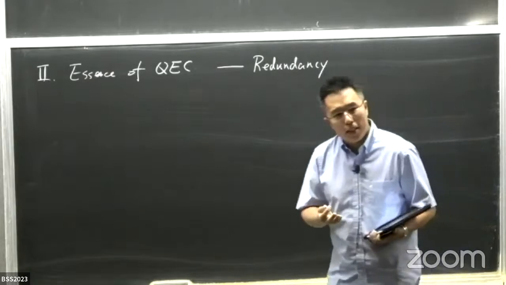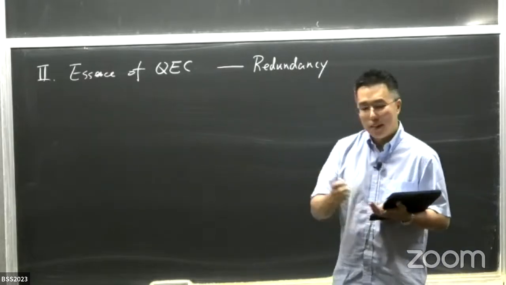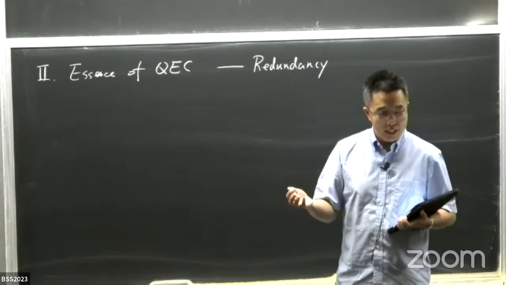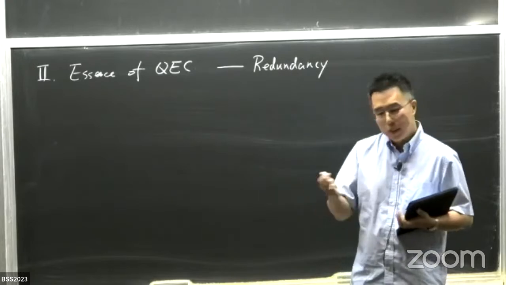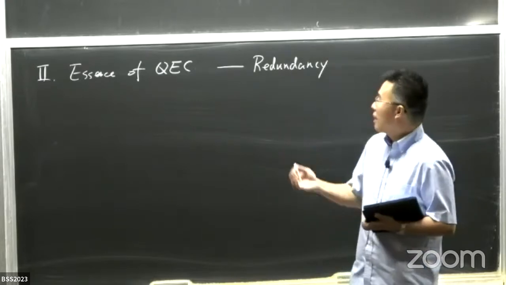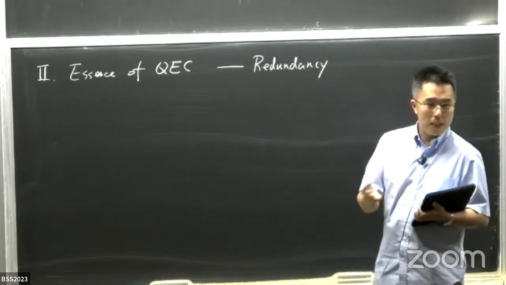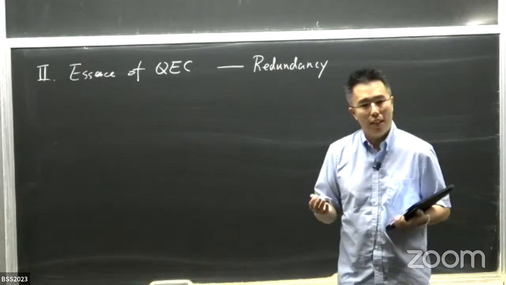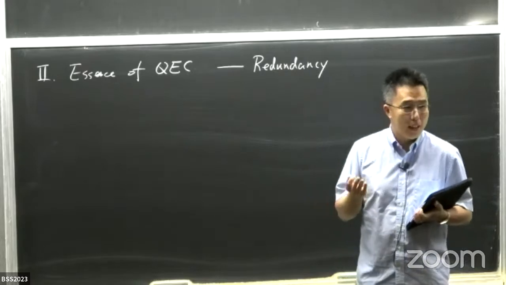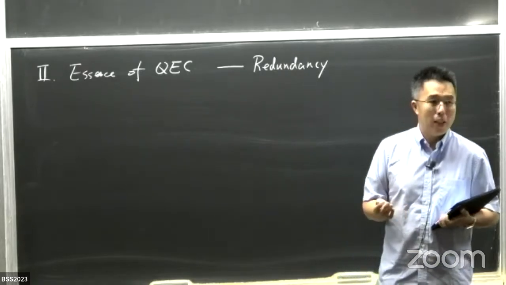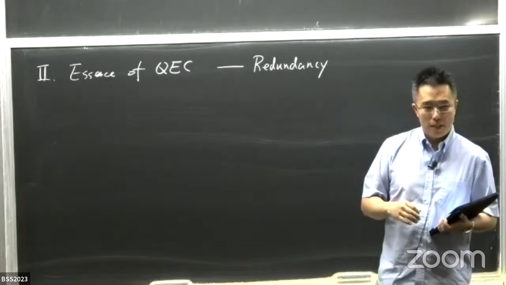You introduce redundancy to separate different logical states, so that if an error happens, you will not mix different logical states. That works for both classical and quantum. But for quantum, besides not mixing different logical states, you also want to make sure that you don't change the likelihood of different logical states when the environment gets some information from the system.